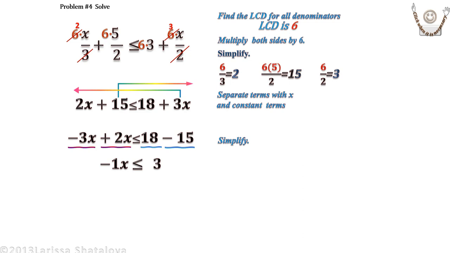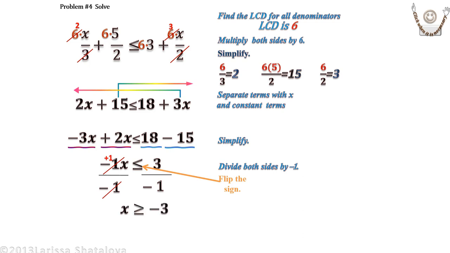As a result, we have negative 1x is less or equal to 3. We are looking for positive 1x, so we have to divide by negative 1. Don't forget to flip the sign of the inequality because we are dividing by a negative. So as a result, we will have positive 1x is greater or equal to negative 3.